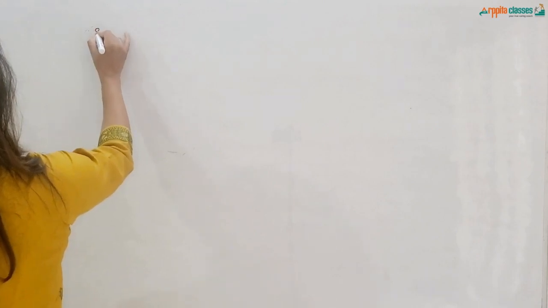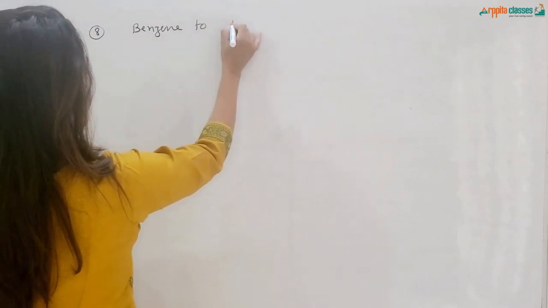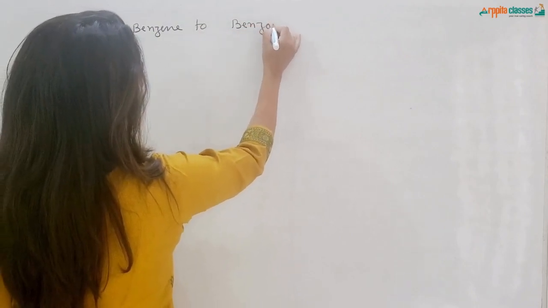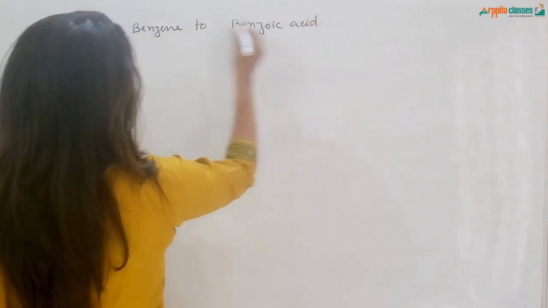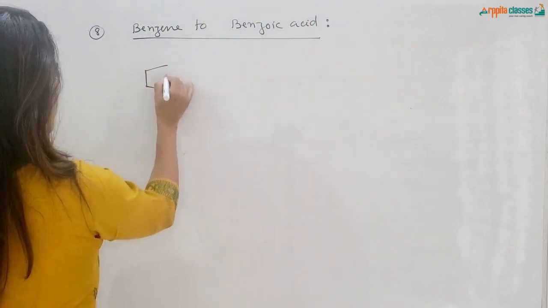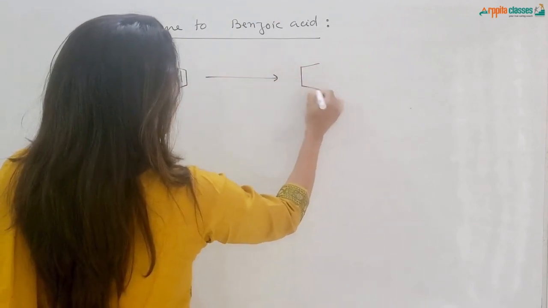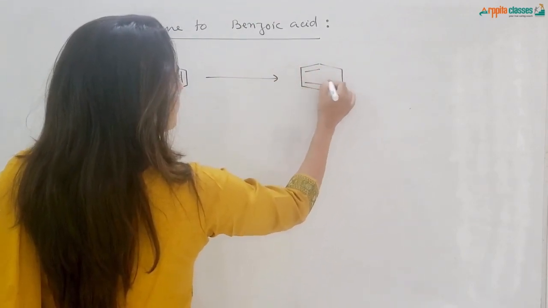So the next conversion is benzene to benzoic acid. So benzene is this. From here we have to convert it to benzoic acid.